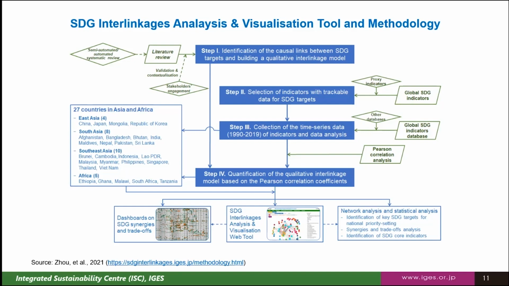Step 3 is collecting the time series data from 1990 to 2019 for the indicators in 27 selected countries. These 27 countries include 22 from Asia and 5 from Africa.